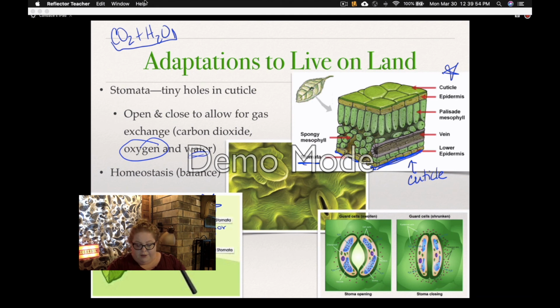Okay, and that's what we would see, because in addition to light, we're going to need that here, but we're going to produce oxygen, which needs to be released. We don't want that to build up in our plant along with our glucose.